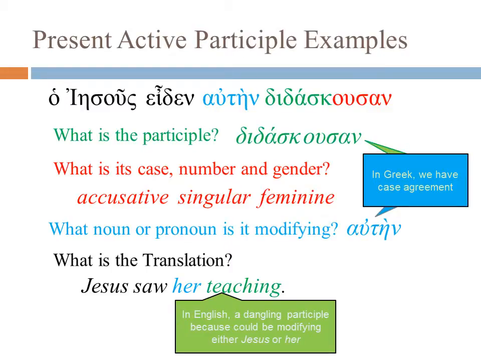In Greek, however, it's not a dangling participle because we have case agreement. There's no question what this word is modifying. There's only one word in the entire sentence it can modify, and that is a feminine accusative, and that is her. So this is the beauty we have of Greek with this case. We no longer fear that things are jutting out there in nowhere. They will be attached to other words.